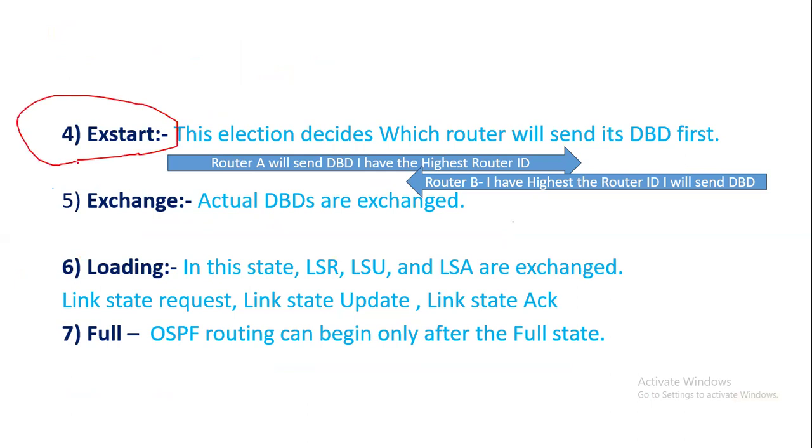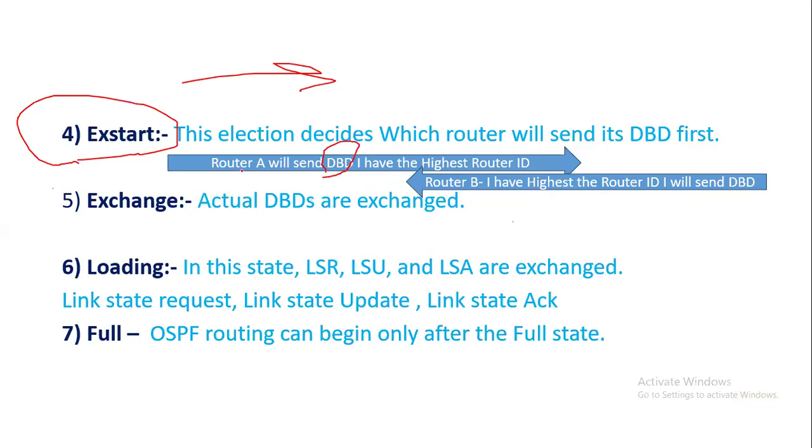I already mentioned the router ID, the highest interface IP, but mainly we need to focus here. Router A sends a packet to router B, that is the DBD, database description packet, and they decide who will act first to send the DBD message.